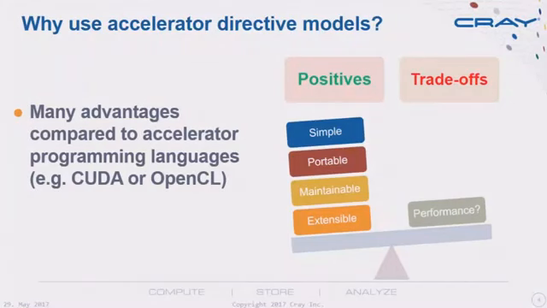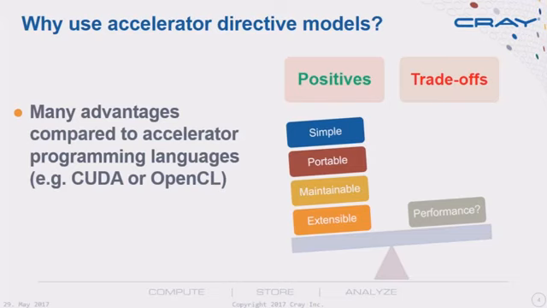As mentioned, these directive-based programming models are easy to use, so quite often there are just a few lines of code you have to add to port your code. Depending on your code, it gets more and more, for sure. They aim to be portable between different hardware architectures.